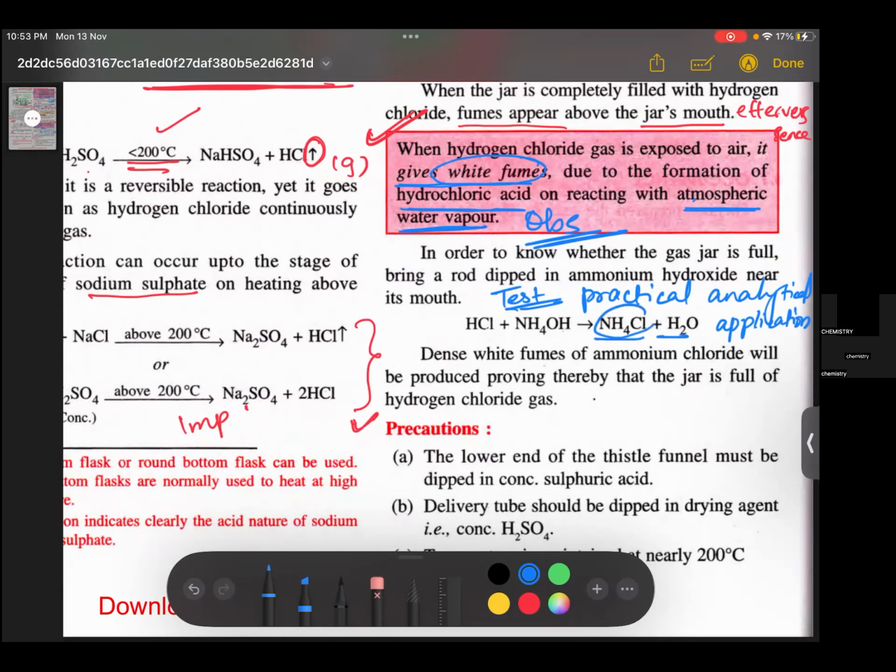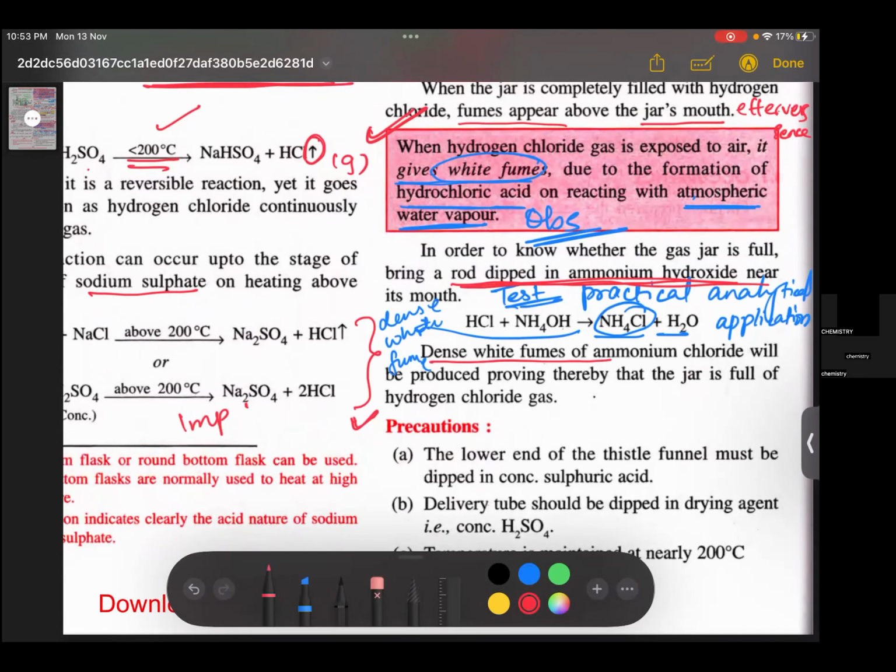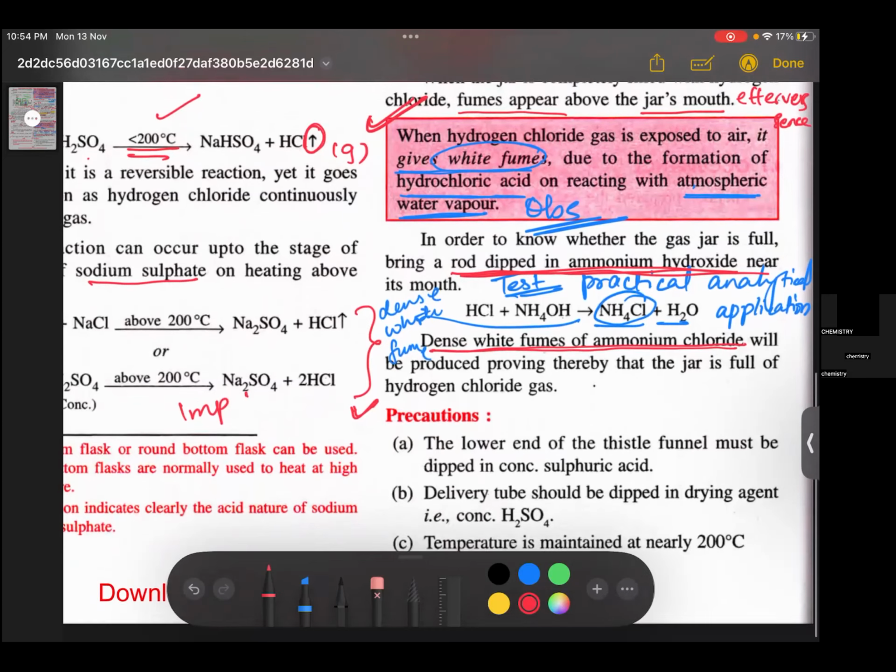And we know this is going to give us dense white fumes. So, in order to know whether a glass jar is full, bring a rod dipped in ammonium hydroxide near its mouth. This is your test. And when you do, dense white fumes of ammonium chloride will be produced, proving thereby that the jar is full of hydrogen chloride gas.